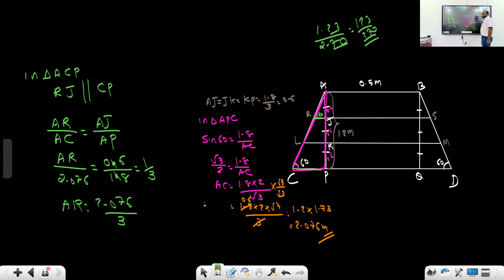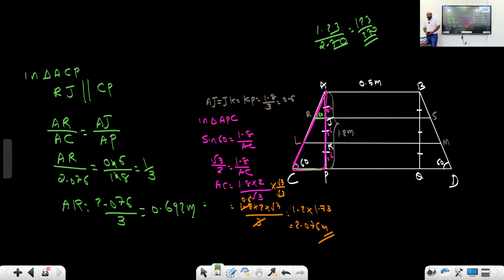Like that, one option is there. 2.076 by 3 is 0.692. So 0.692 meter.